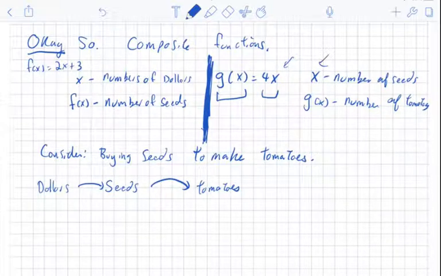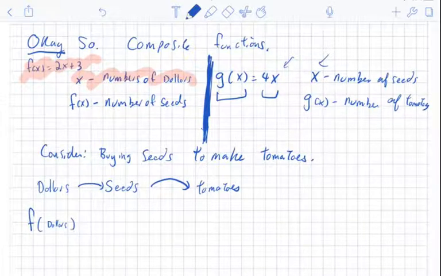So using the substitution rule, I can get a little bit more descriptive in terms of my variable name. I can rewrite this equation, instead of x being the number of dollars, I can call it the word dollars. F of dollars equals 2 times dollars plus 3.